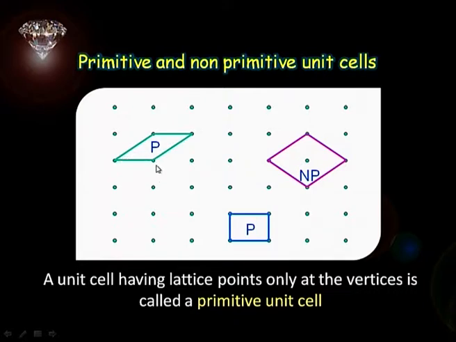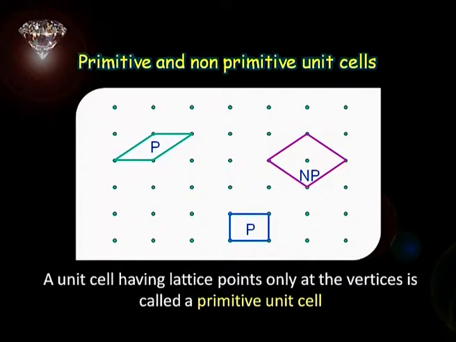You see that this unit cell is such that all the vertices are occupied by a lattice point, and there is no other lattice point in the unit cell. So this is a primitive unit cell. So is this one. This one is a non-primitive unit cell. The requirement is that a unit cell having lattice points only at the vertices is called a primitive unit cell. If you have a lattice point elsewhere also, then it is a non-primitive unit cell.